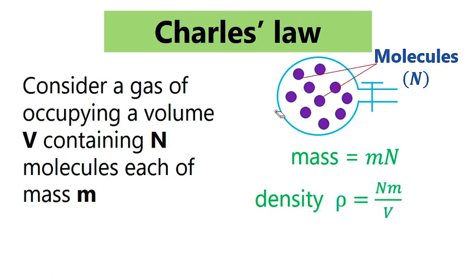But unlike the other one, I want to introduce something different. Let's try to cross multiply this. When you cross multiply this, you can get that equation for density.